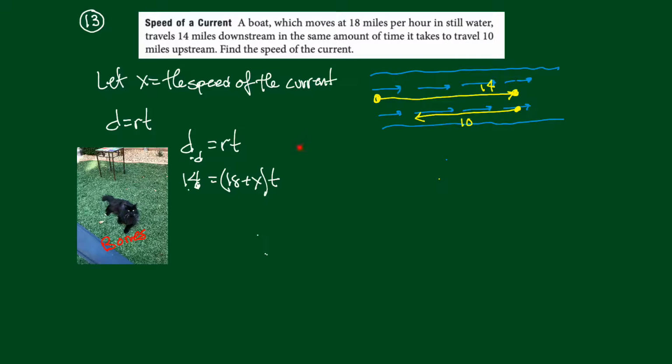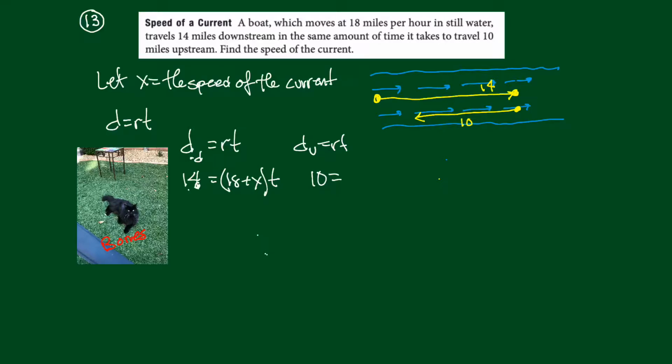Now let's look at the distance upstream. How about u for upstream? Well, that's rate times time also. Now the distance coming back, we only get 10 miles here. So this is going to be a 10, equal to our rate. Now what's the rate? In still water we can go 18 miles an hour, but we're getting pushed back by the current.